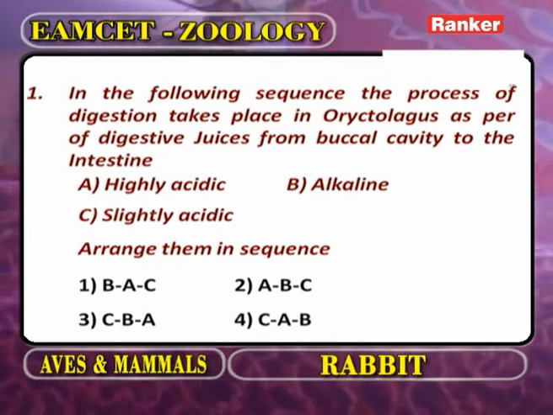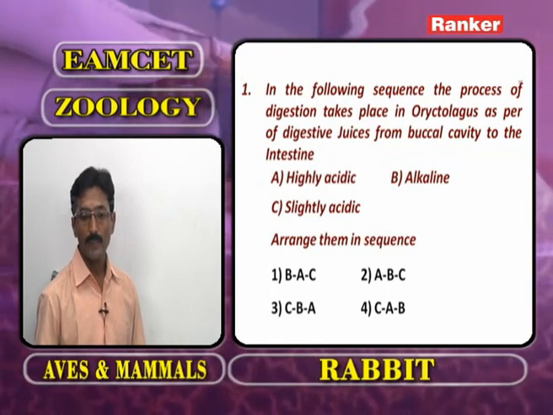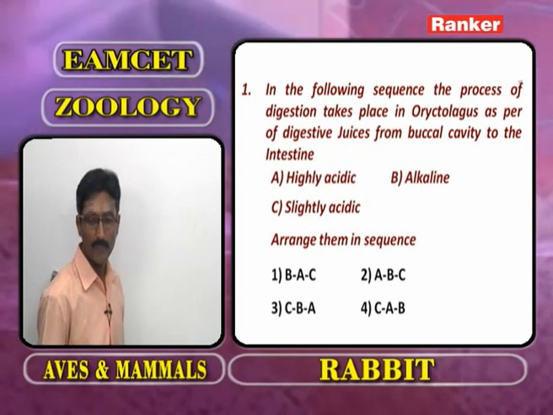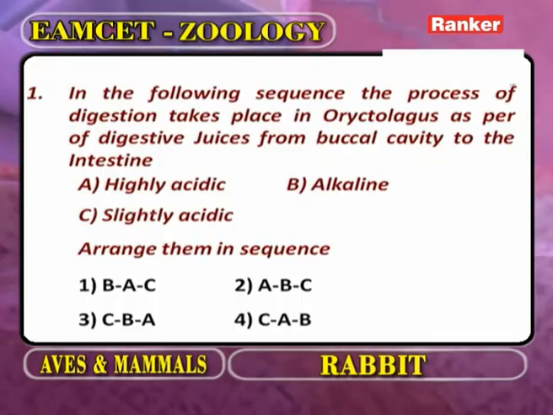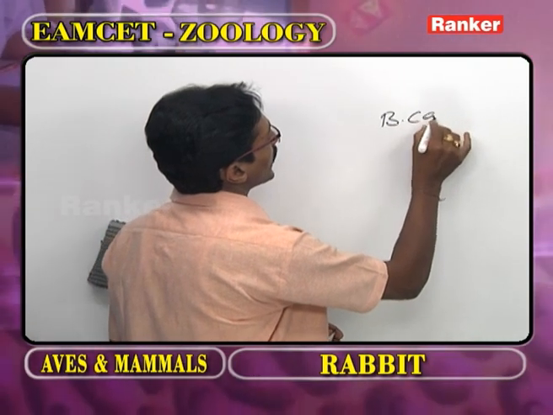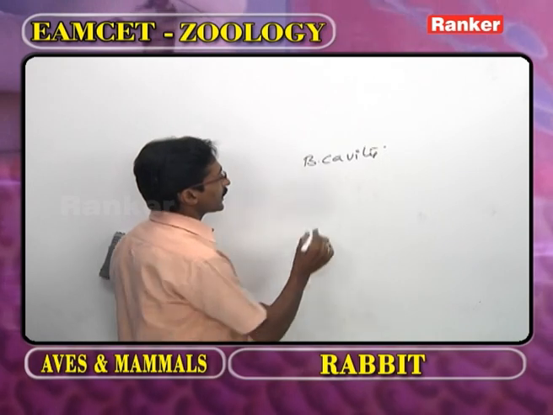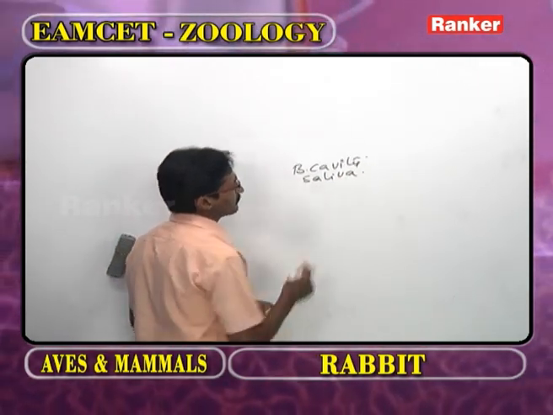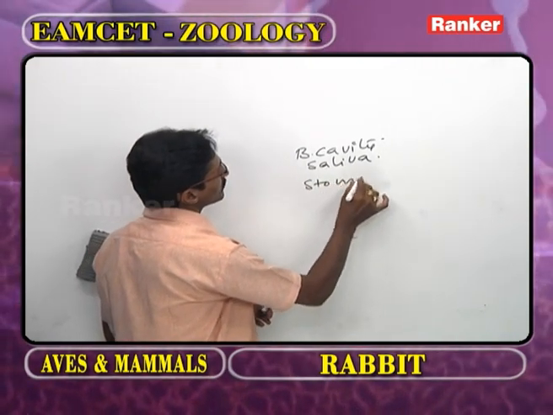Now again you observe the options: highly acidic, alkaline and slightly acidic medium. Now as we observe the alimentary canal of rabbit, one part we call it as buccal cavity. In the buccal cavity, what type of digestive juice is present? The saliva. Now the second part we call it as stomach.